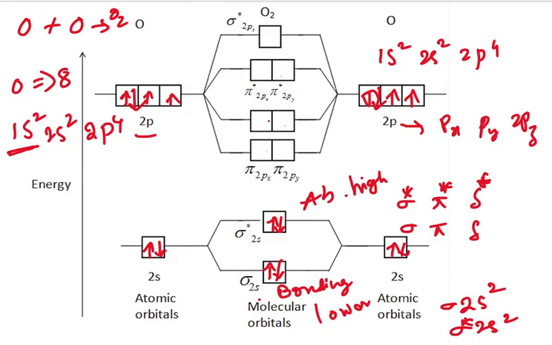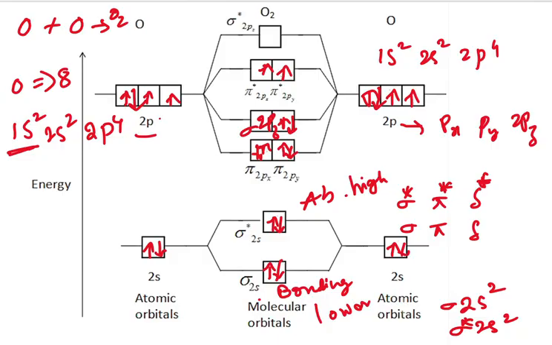So here, sigma 2pz: one electron from 2pz and the other electron from 2pz pair up, and 2px, 2px also pair up. 6 electrons are already used, and 2 electrons move into the anti-bonding orbitals, pi star 2px and pi star 2py, having 1 each.